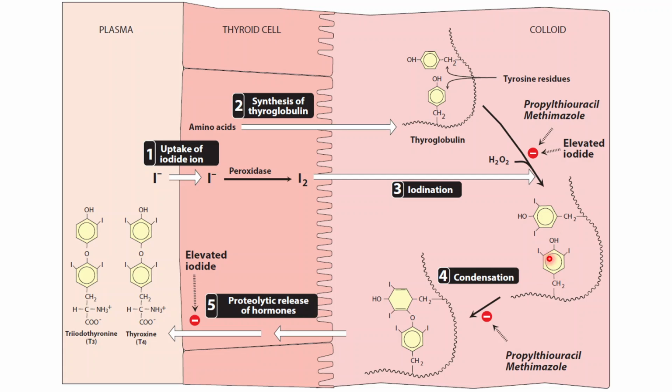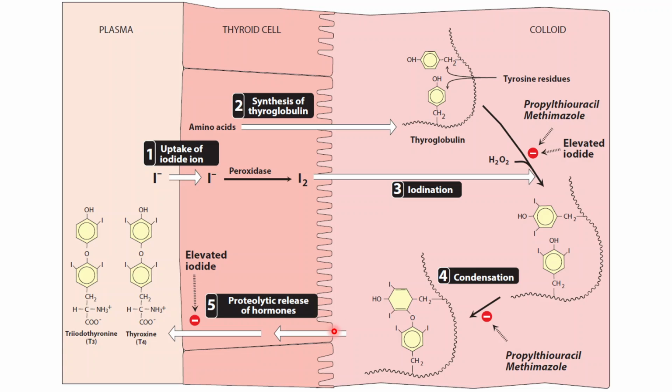Then after the iodination there will be a condensation using the oxygen bridge, and this step is inhibited by propylthiouracil and methimazole.